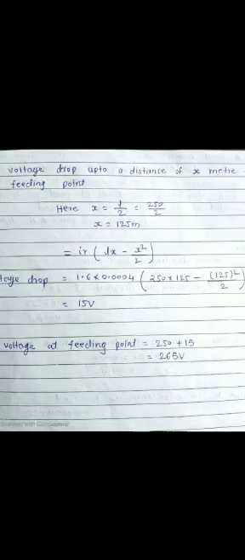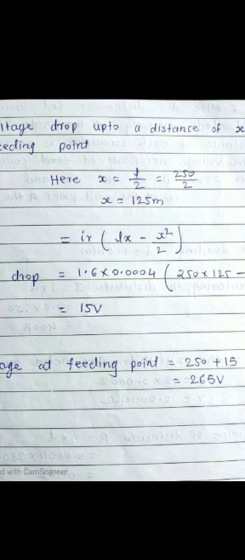Put the values: small i is 1.6, into resistance 0.0004, in bracket, 250 into 125 minus 125 square divided by 2.